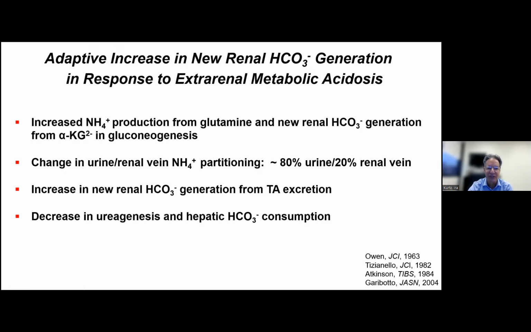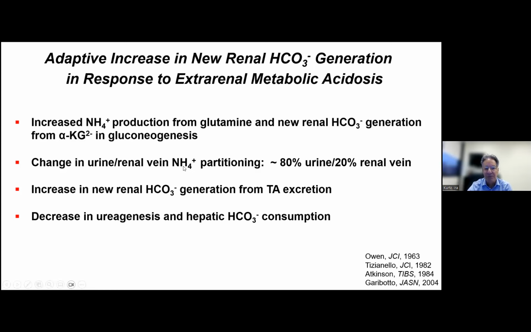But if I significantly increase the proton load, not from the liver, but from lactic acid or from ketones, the kidney actually recognizes this and puts a much greater percent of the ammonia it's making from the alpha-ketoglutarate reaction into the urine. And that makes sense because now you've freed up even more new bicarbonate than you would have otherwise. And that's why you get more ammonia in the urine in extrarenal metabolic acidosis.